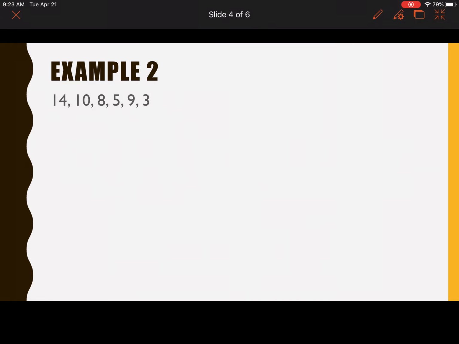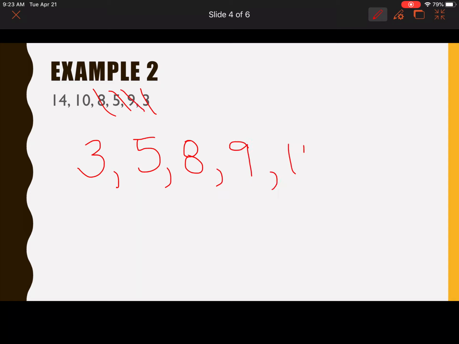In example 2, our data includes 14, 10, 8, 5, 9, and 3. Again, we're going to start by ordering our numbers from least to greatest. So first comes 3, 5, 8, 9, 10, and then 14.